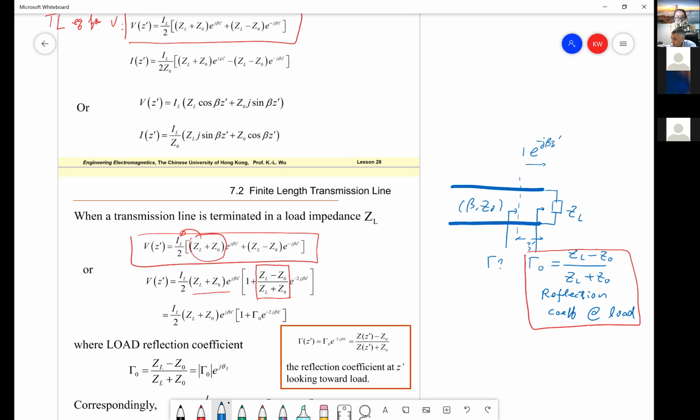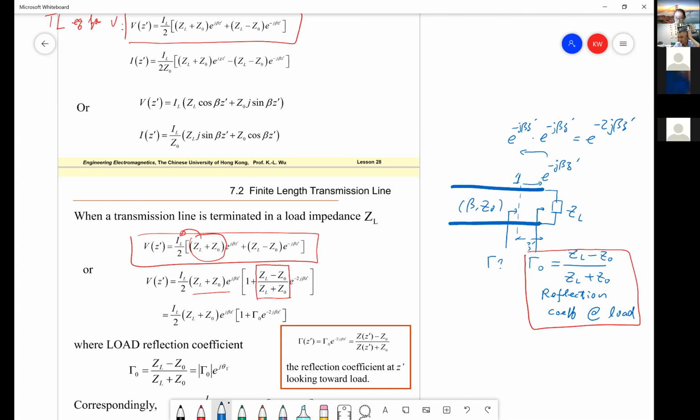The wave is 1 here, so it arrives here as 1 times e to the minus j beta Z prime. If the wave comes back, it travels another minus j beta Z prime, so that equals e to the minus 2 j beta Z prime. Do you agree?